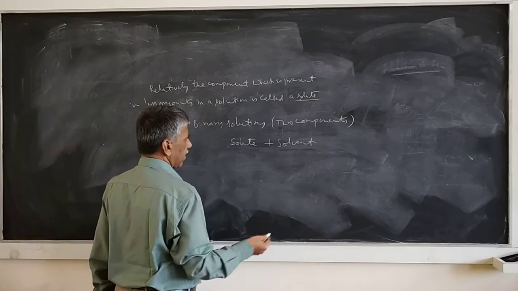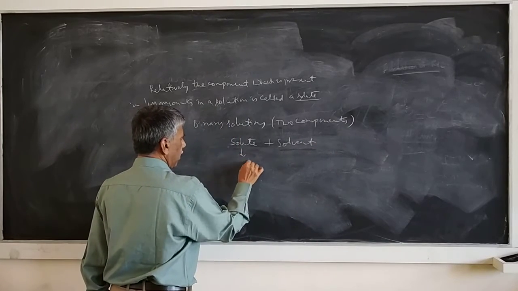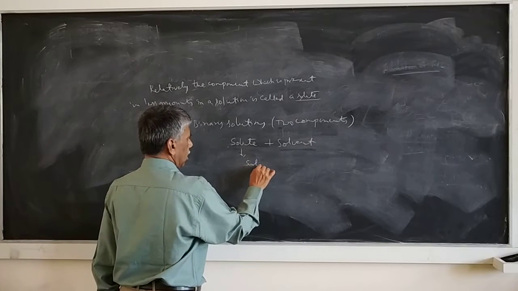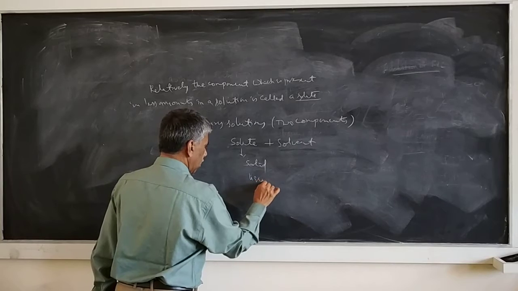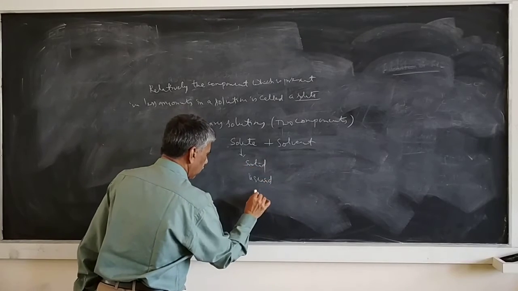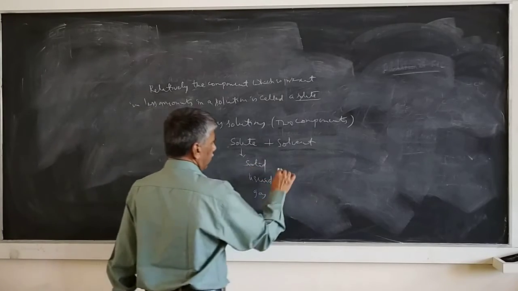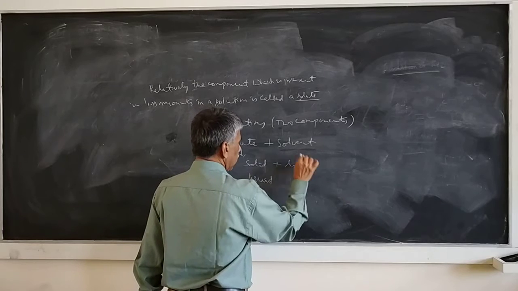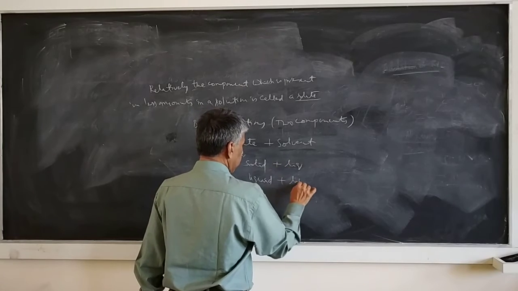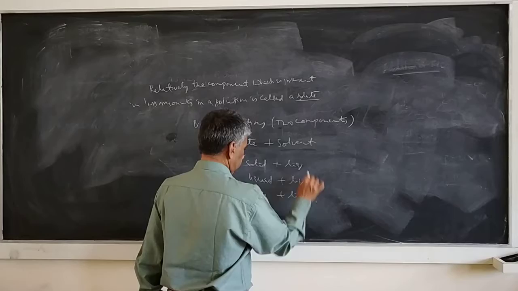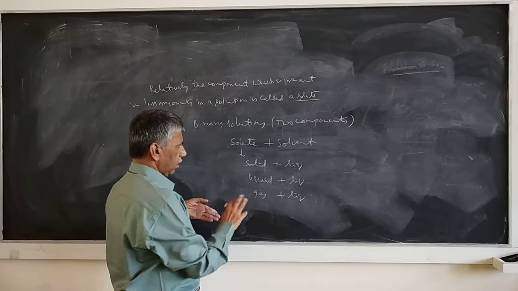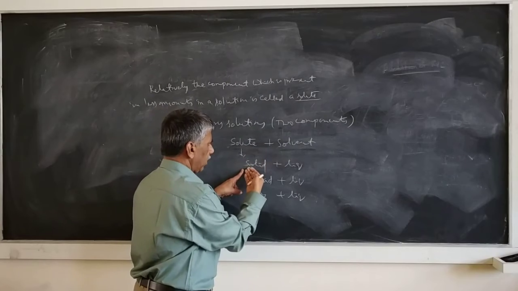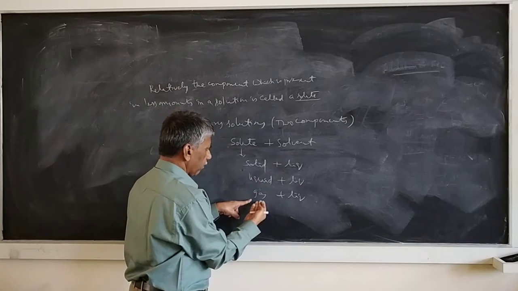Okay. In different examples, this solute may be solid, this solute may be liquid, this solute may be gas also. This solvent is usually liquid. So the solute may be solid, liquid, or gas.